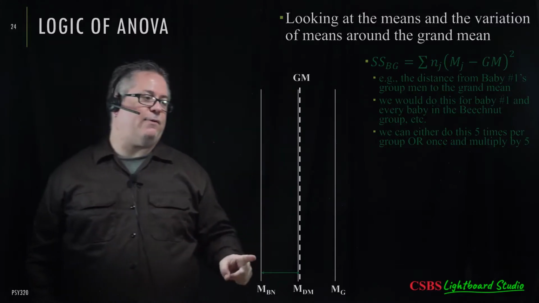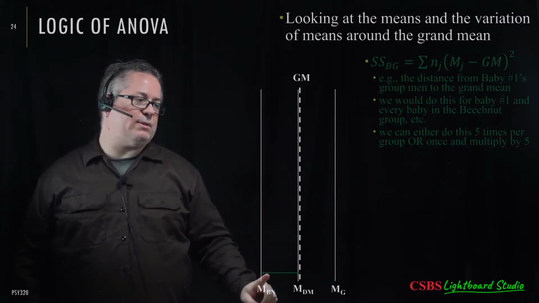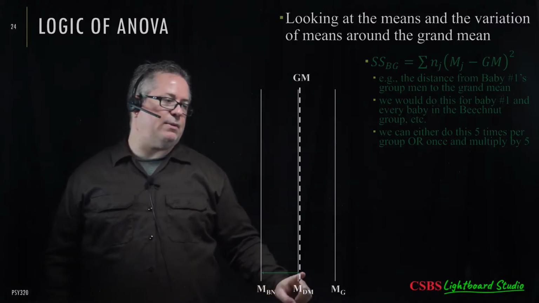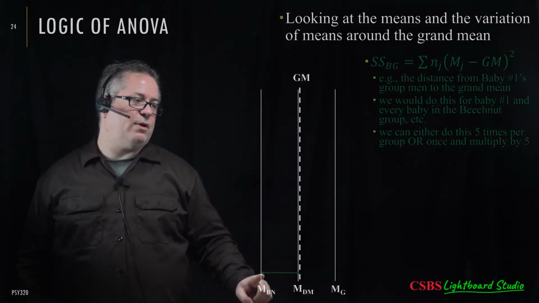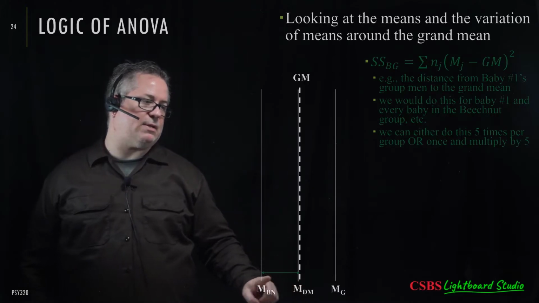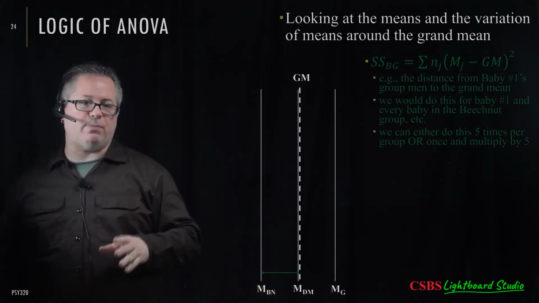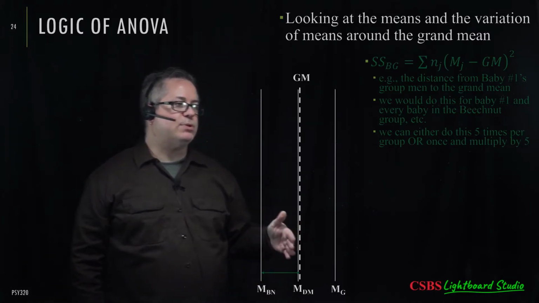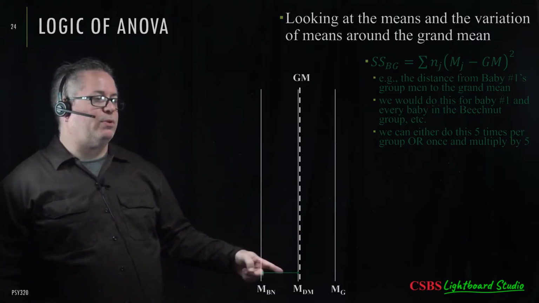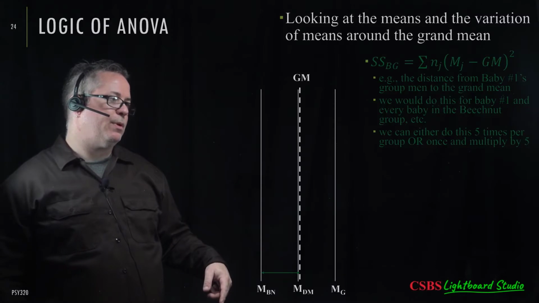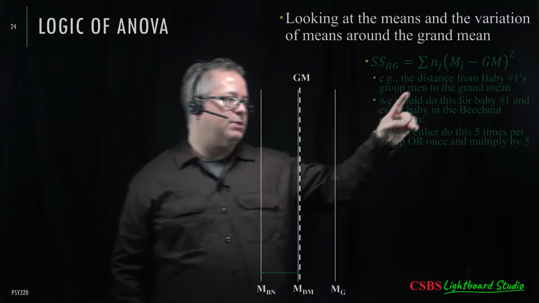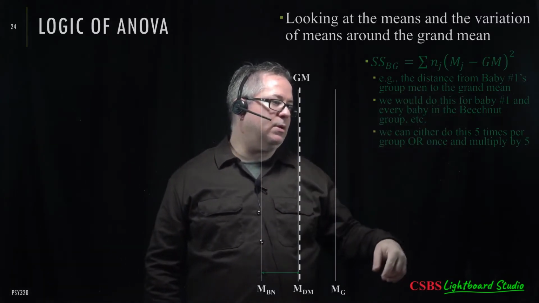We can see how far that baby's group is from the grand mean. There's that distance there. This is the contribution that the first group, the Beechnut group, makes to the overall differences between groups. So this is the distance from baby number 1's group to the grand mean.